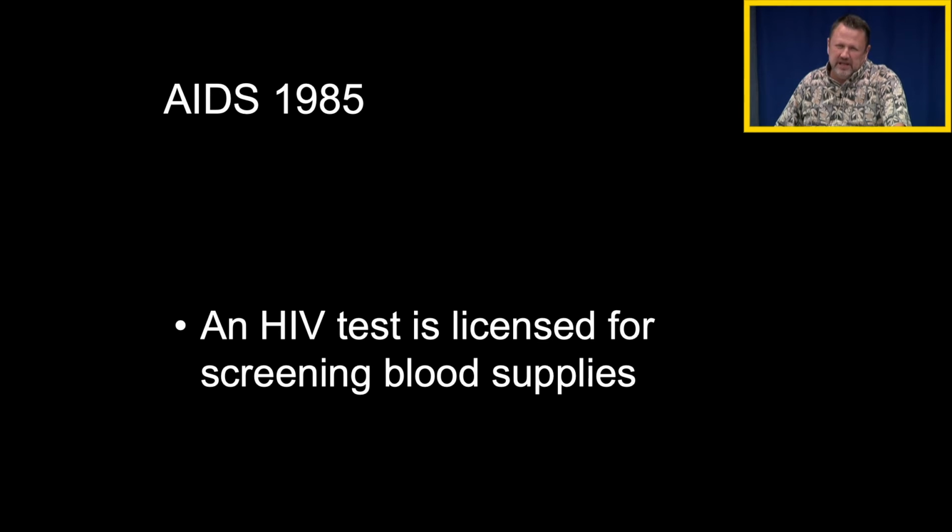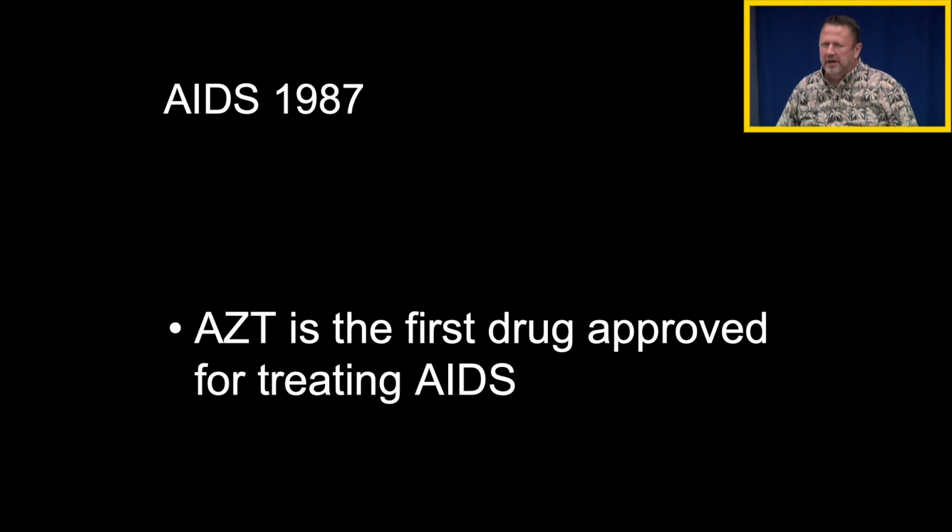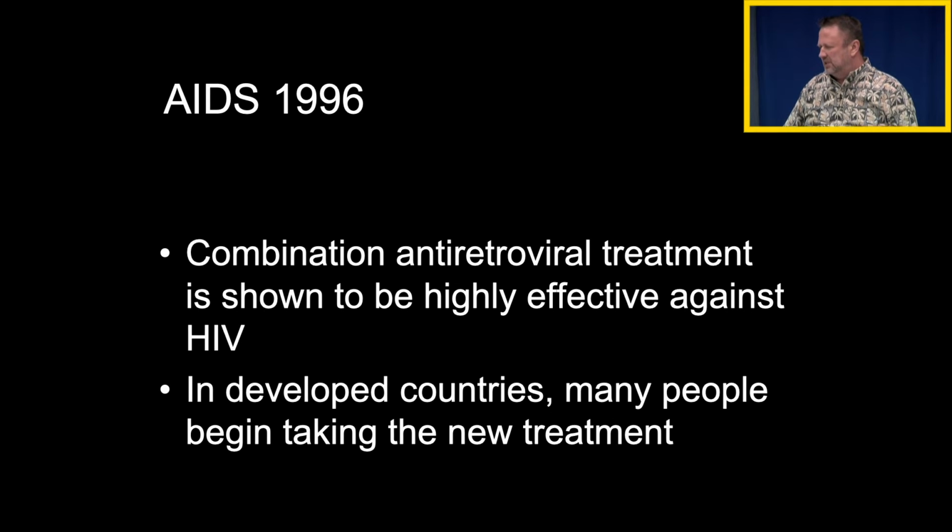All right, well then by 1985 we were able to test the blood supply for HIV, and so it was 1985 that we stopped transmitting HIV virus through the nation's blood supply. AZT is the first antiretroviral drug that's approved for treating AIDS, and it shows early promise, but something that we learn from AZT is that a single drug in the treatment of AIDS develops resistance.